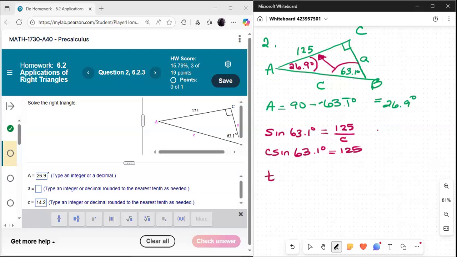So we can use the tangent of 63.1 degrees is the opposite side, 125, over A. So A is 125 over the tangent of 63.1 degrees.